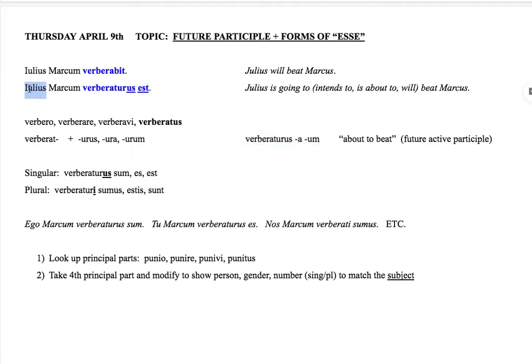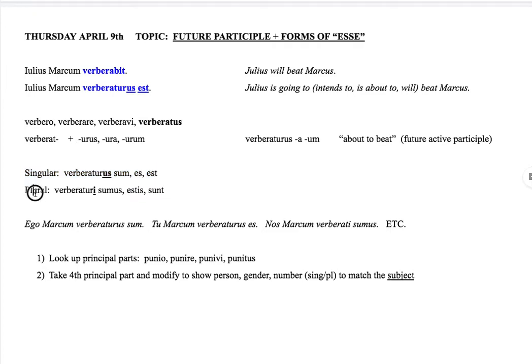If we have Amelia here instead of Julius, then this will change to verberatura est, because Amelia is feminine. So let that be guided by the subject of the sentence. These singular forms here would be something like, assuming that I is masculine here, I am about to beat, you are about to beat, he is about to beat.